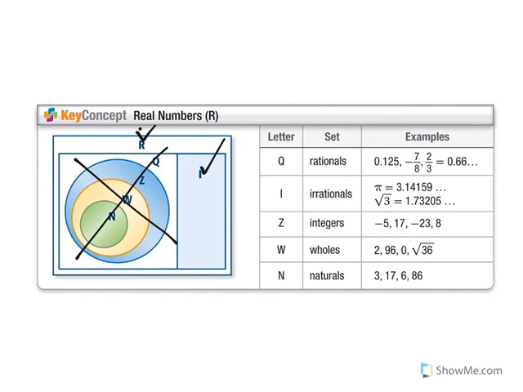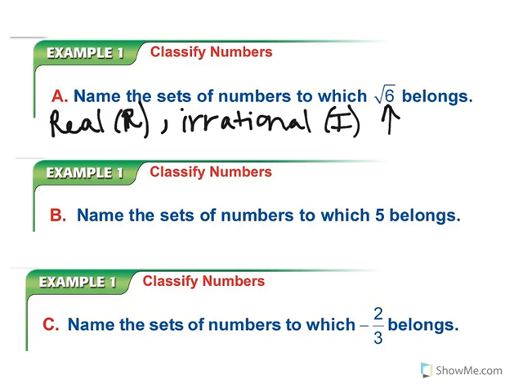Okay, so let's try example 2, or example 1b. Name the sets of numbers to which 5 belongs. Okay, so start with real. We know that it's a real number. And then you want to ask yourself, is it rational or irrational? Well, if it can be written as a fraction, which all whole numbers can, we can write it as 5/1. That means it's going to be rational as well.